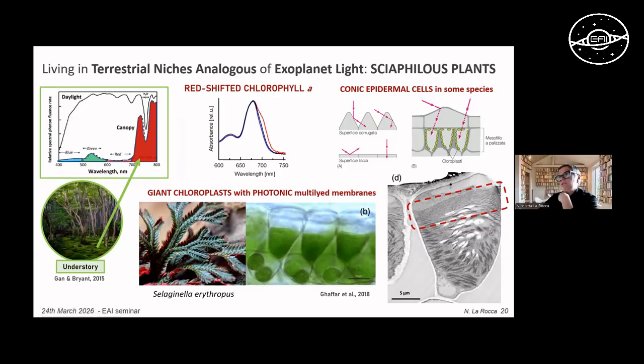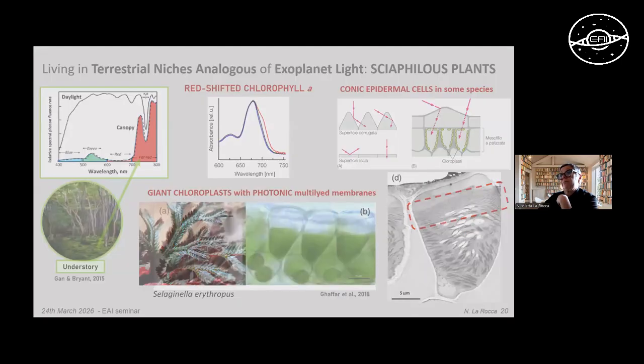In these giant chloroplasts, we can also observe a particular multilayer membrane structure with a very ordered organization, and it has been demonstrated that this multilayer structure can have a photonic effect and enhance the use of dim visible and infrared light by this plant.